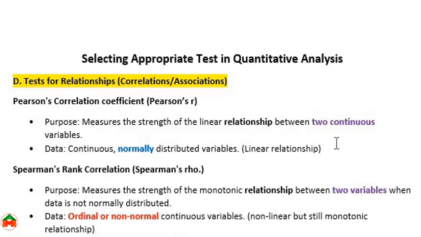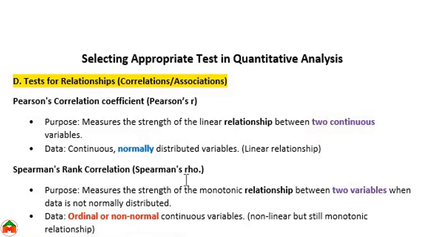Now we can see whenever your data is normal and you want to know the correlationships or associations between two continuous variables, then you have to apply the Pearson correlation coefficient, I mean Pearson R test. On the other hand, if your data is non-normal or ordinal, you can apply the Spearman's rank correlation, I mean Spearman's rho test.